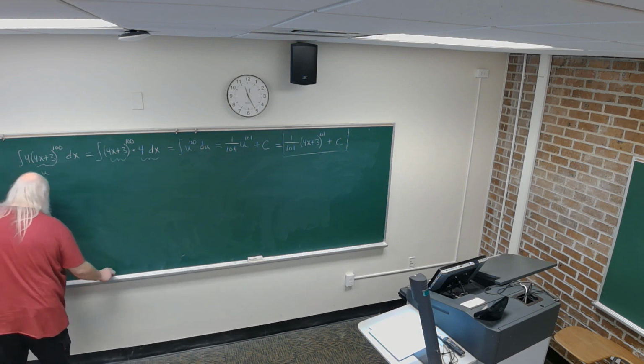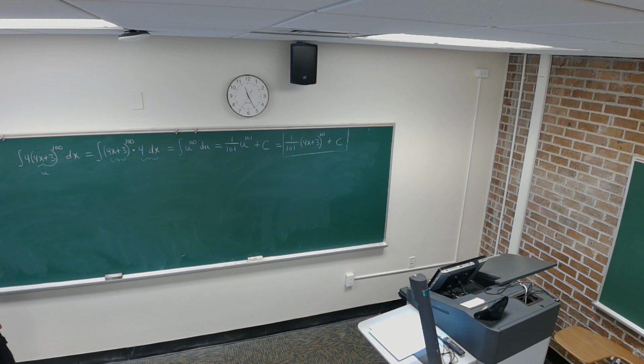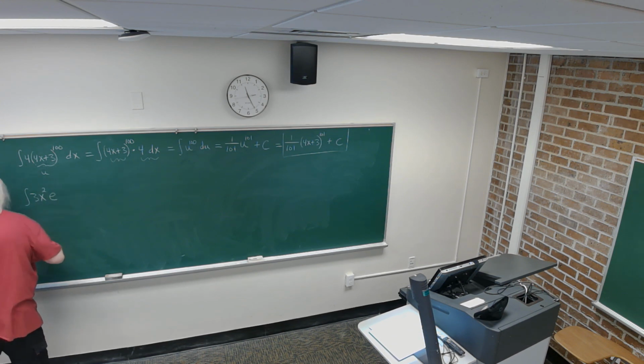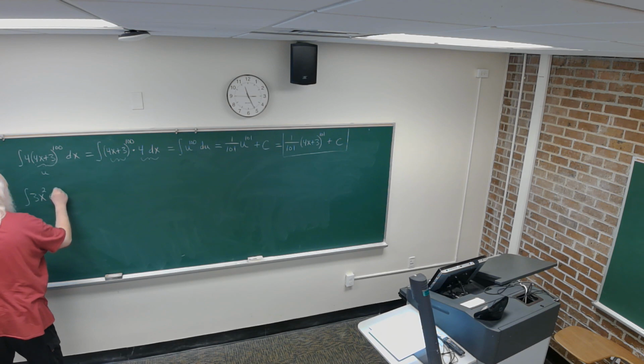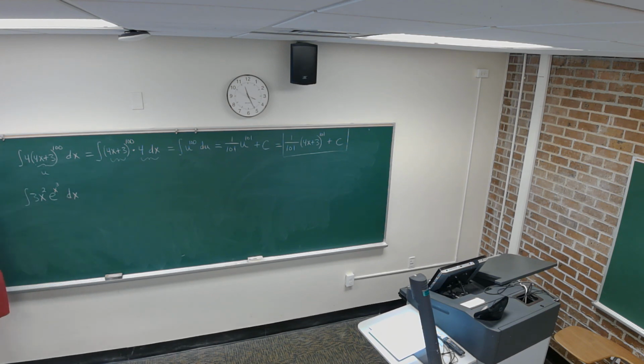All right, in the next example, we have the antiderivative of 3x squared times e to the x cubed power.